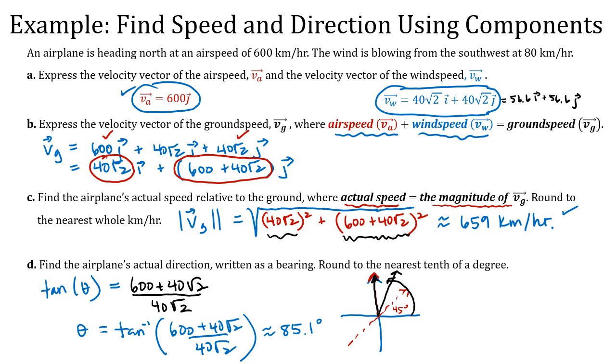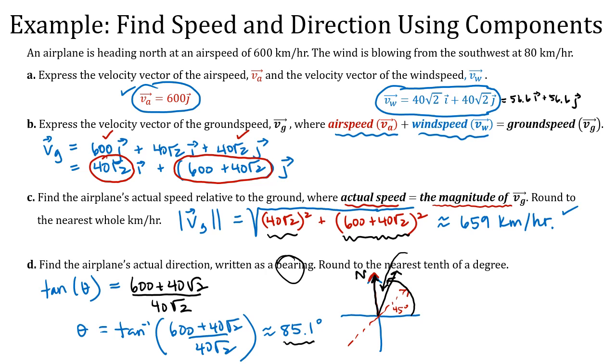It says to write it as a bearing. Is that 85.1 degree a bearing? And the answer is no. The bearing is always from the north or the south. So what is this angle that is between the actual vector for the actual speed and the north direction? Well, we know that whole angle in the first quadrant is 90 degrees, and we know from the positive horizontal axis we have 85.1 degrees.